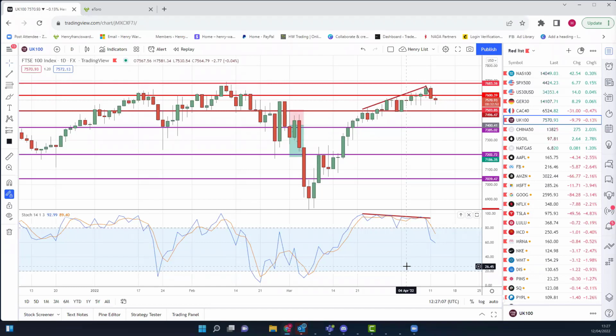Okay, can anyone tell me the rules around divergence? Because I've given you the basics of one going in one direction, the other going in the opposite direction, because this is not divergence. It's divergence in the sense that they're going in opposite directions, yes.